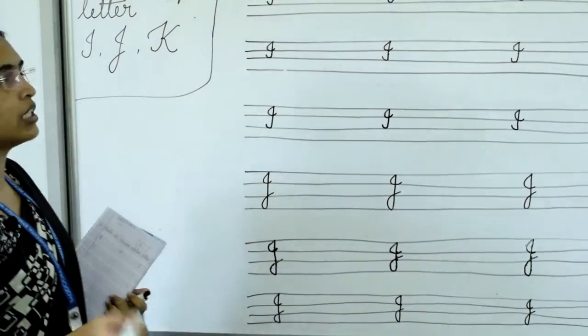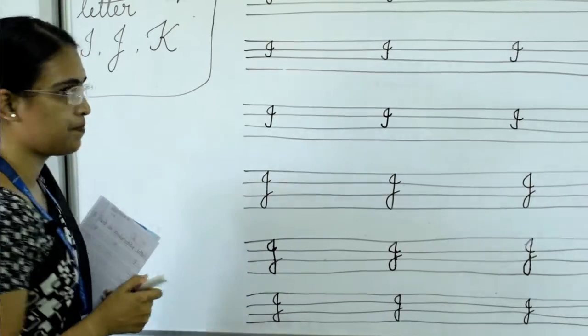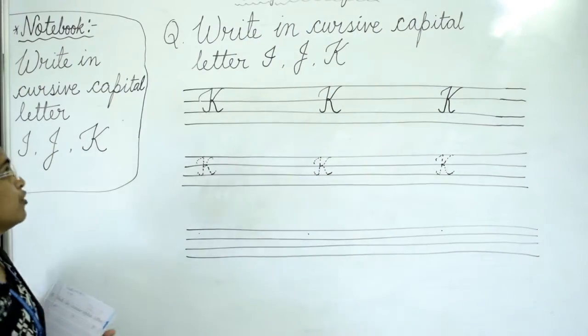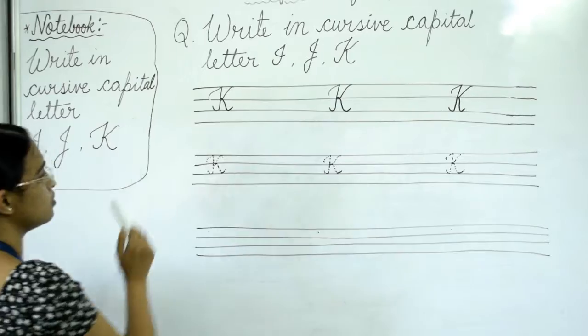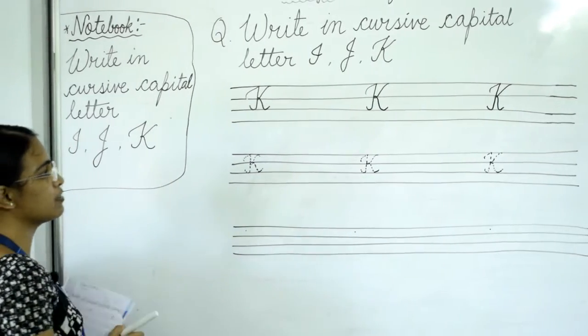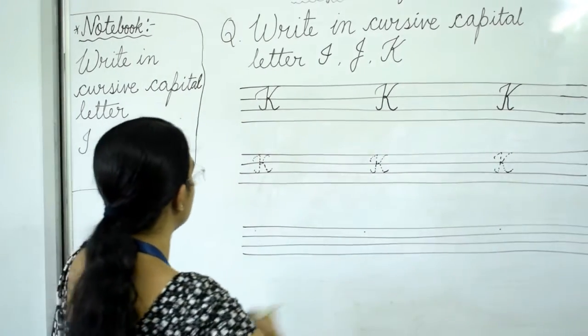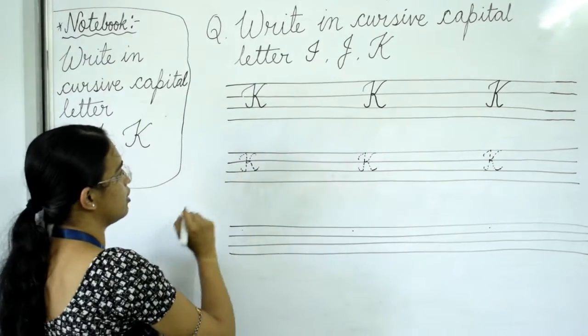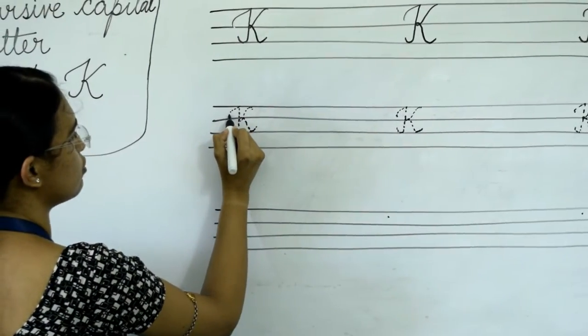Now we will do cursive capital letter K. Okay, now we will do what? This is cursive capital letter K. Now we will write cursive capital letter K. So for this, first you have to start from here.